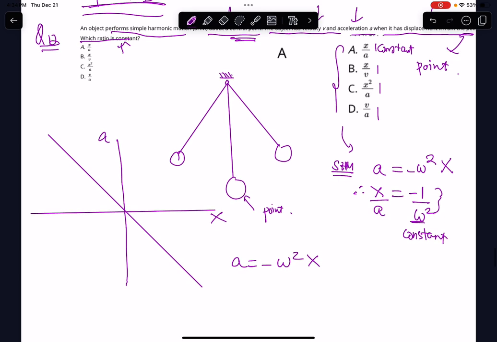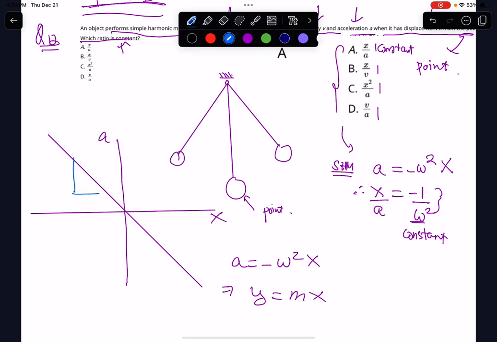If you think about it, this looks very similar to y equals mx. So if you take the gradient of this, with a certain rise over a run, this gradient will give you this constant, which is m.